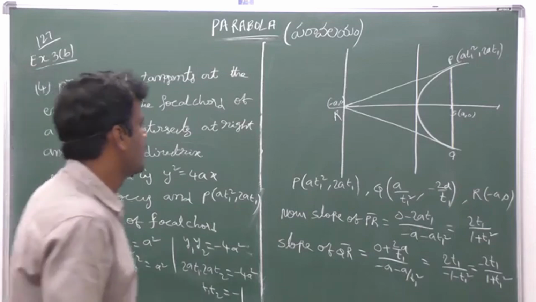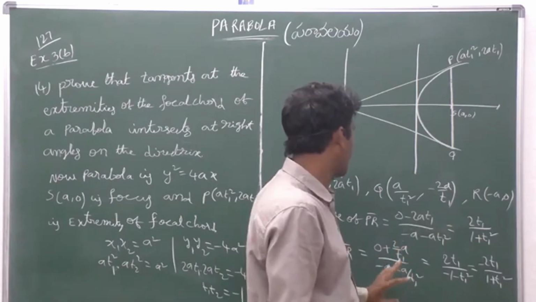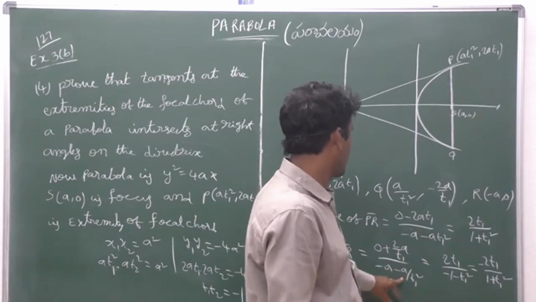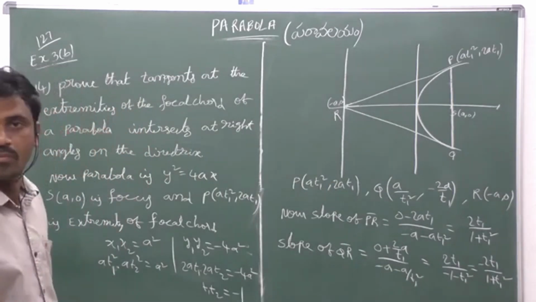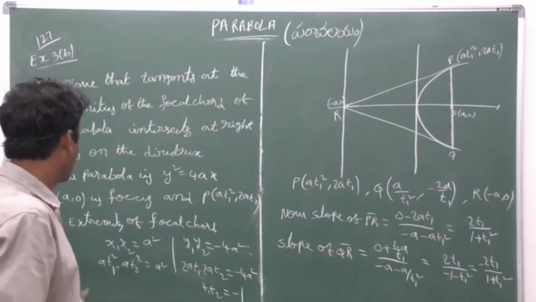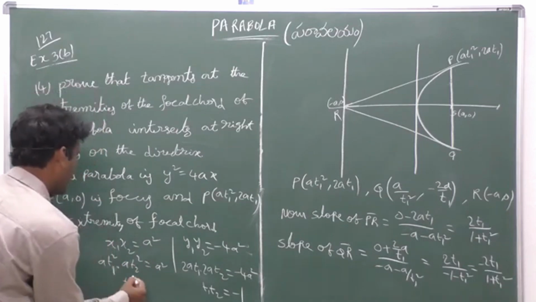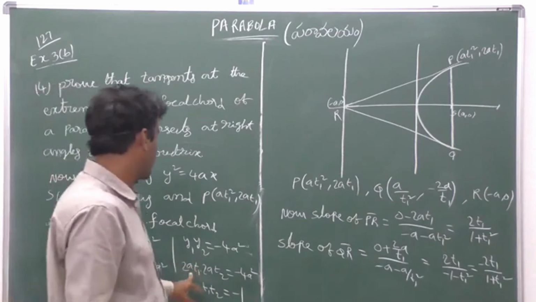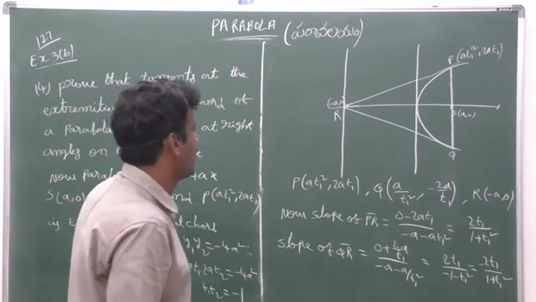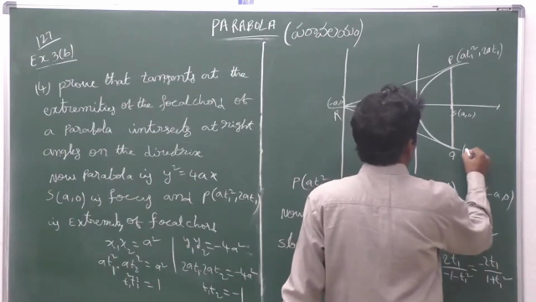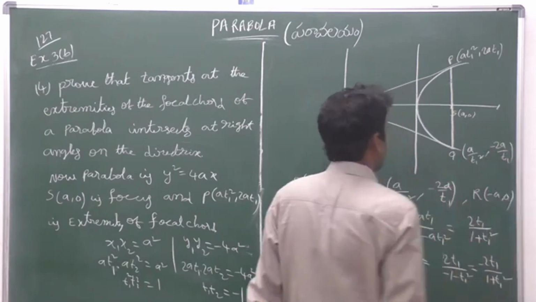Slope of QR is (y2 - 0)/(x2 - x1), that is -2a/t1 over (a/t1² + a), a common out, giving -2t1/(1 + t1²). Therefore m1 · m2. Here x1x2 = a², y1y2 = -4a², 2at1 · 2at2 = -4a², so t1t2 = -1, t2 = -1/t1. Q is (a/t1², -2a/t1).